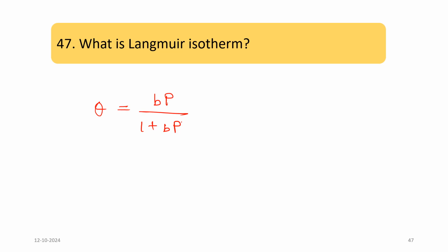Each site can accommodate only one molecule or atom. The gaseous molecule behaves ideally. Only one monolayer forms, there is no adsorbate interaction, and the adsorbate molecule is immobile. So these are the assumptions of the Langmuir isotherm.